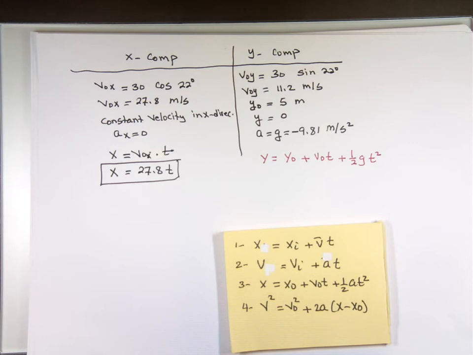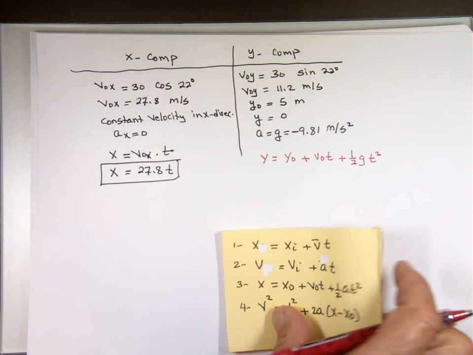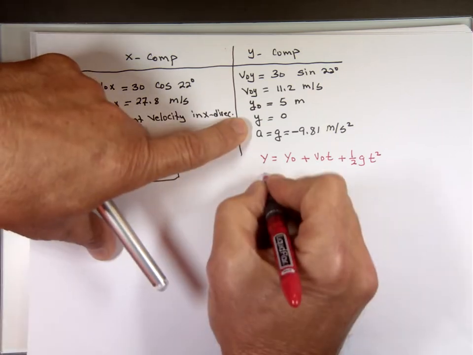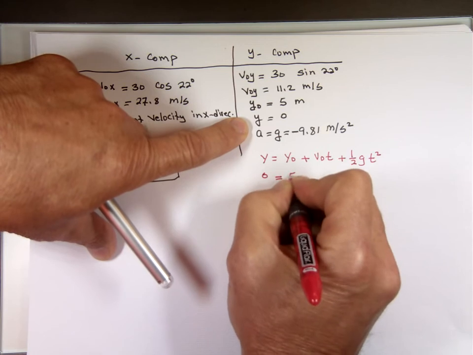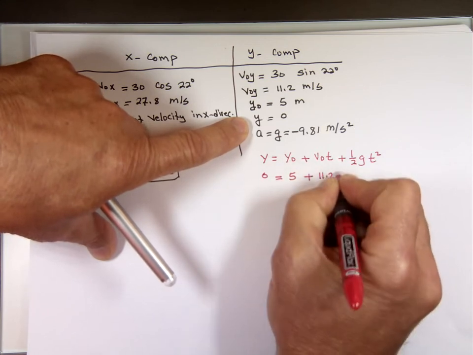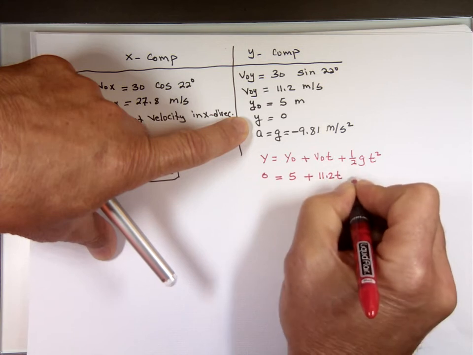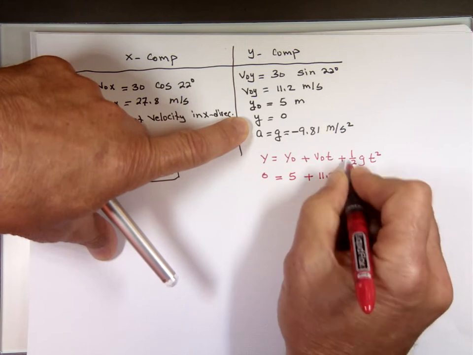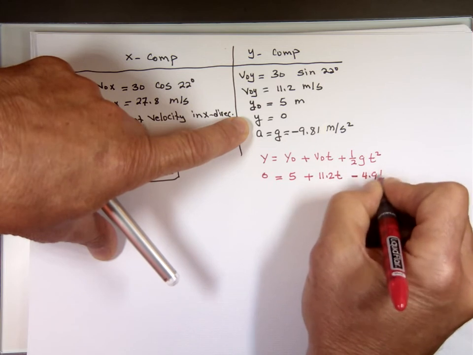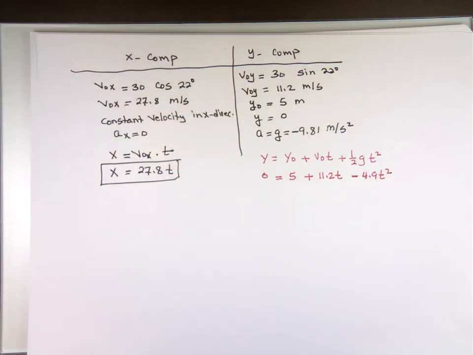The only bad thing about it is you have to solve a quadratic equation now. If you know how to solve a quadratic equation, that's okay. This will be 1/2 times negative 9.8, that's 4.9 t squared. Some of you might have that on your calculator: you plug in the numbers A, B, and C, and you have the answer.